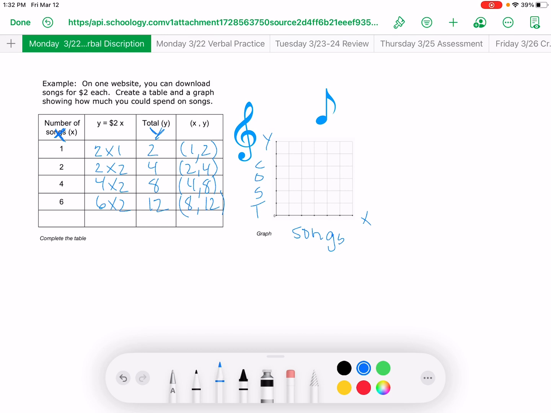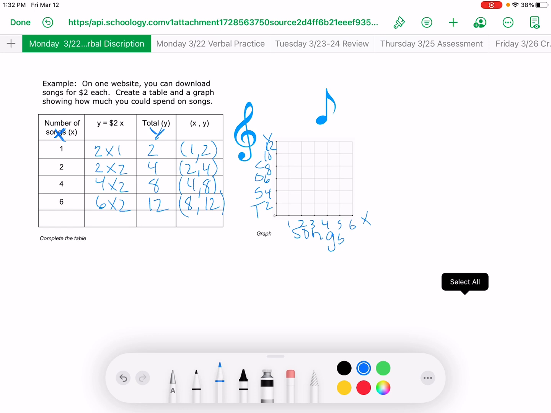For my songs, I'm going to count by 1, 2, 3, 4, 5, 6. I can count by ones, and you need to count consecutively. I mean, you can count by 2s, 4s, 5s, 6s, but it needs to be consistent. I'm counting by ones, and I'm going to count by 2s going up because I need to get to 12. 2, 4, 6, 8, 10, and 12.